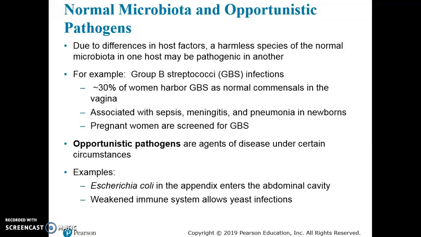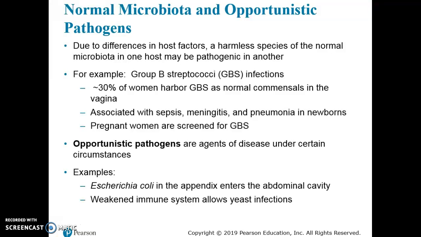I've normally seen more like 15 to 20%, but here, 15 to 30% of women harbor group B strep as normal commensals, normal flora in the vagina. Under normal circumstances, that's not a problem for them. It's in that one location. The bacteria are fine with that. The rest of the bacteria in that area are fine, and it really is an okay situation.